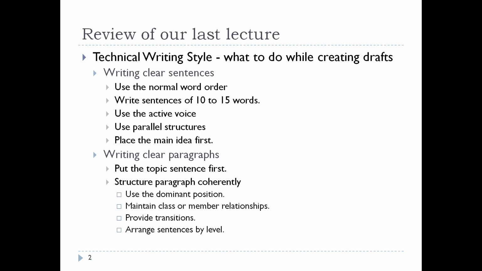You should be using parallel structures if you're talking about a list of items, or a list of elements, or whatever it is. If you're talking about those things, you should be talking about them in a similar manner. That is what parallel structure is. That makes it easier for the reader to understand it.